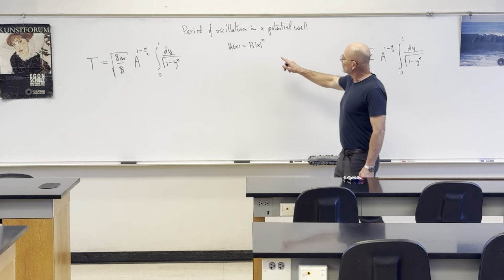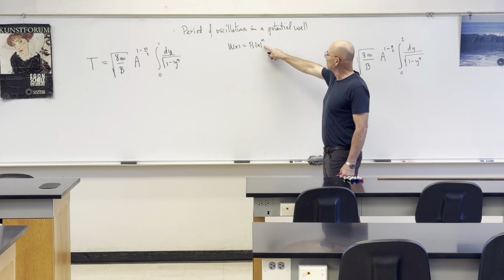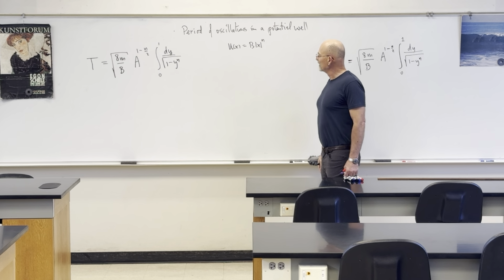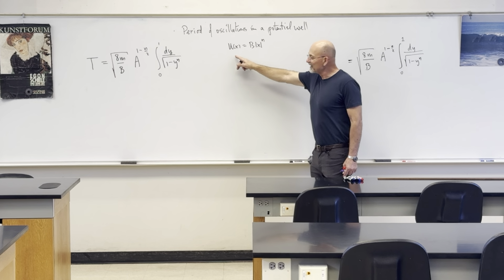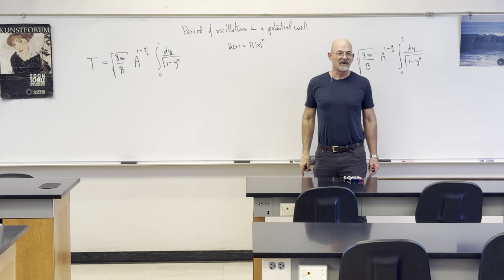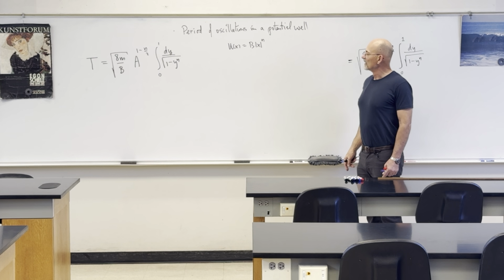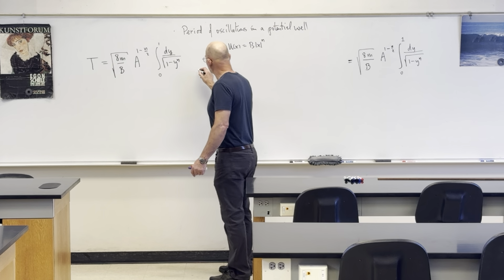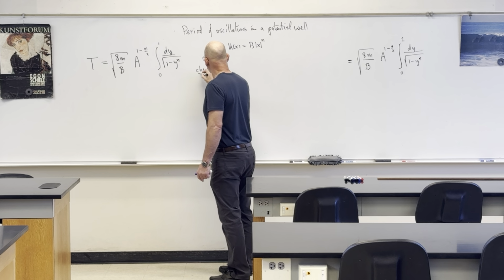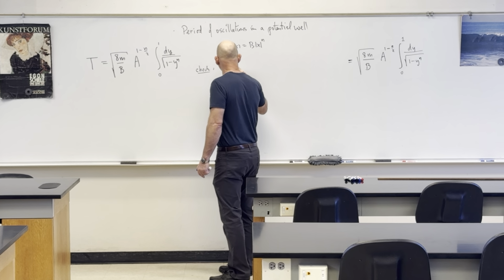Good, so let's take a look at a couple of powers of n here. If n is equal to 1, then you're basically looking at that linear potential that was more or less a free fall type of potential. So let's check these out. Check. n equals 1.